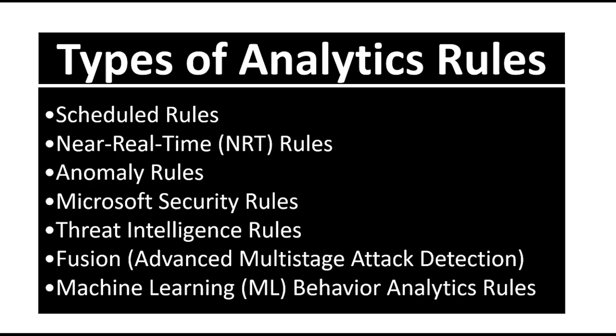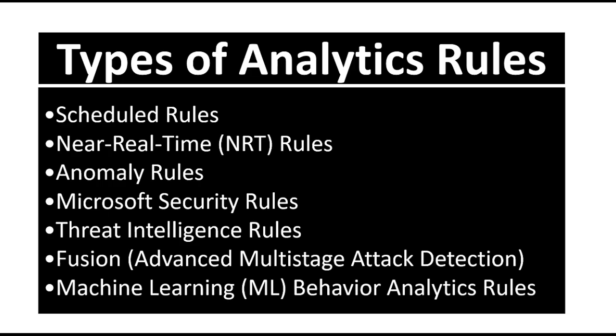And then there are 3 more specialized analytics rules: threat intelligence rules, fusion rules, and ML rules. These you cannot customize a lot. Usually you will get the option to enable or disable them. You can do it from the rule template tab.